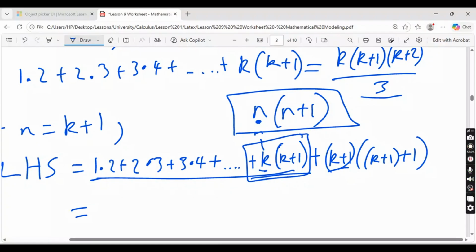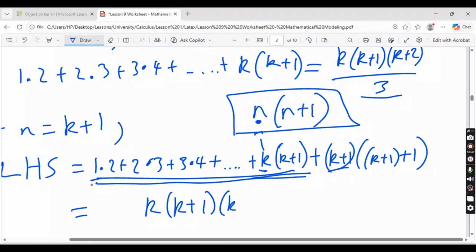Yes, that's the part that's wrong, because here is where we substitute this whole line. So I then introduce k times k plus 1, k plus 2, but over 3.